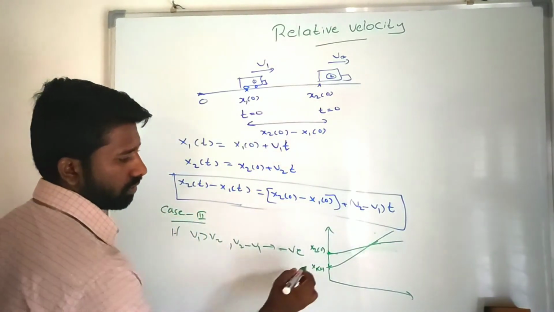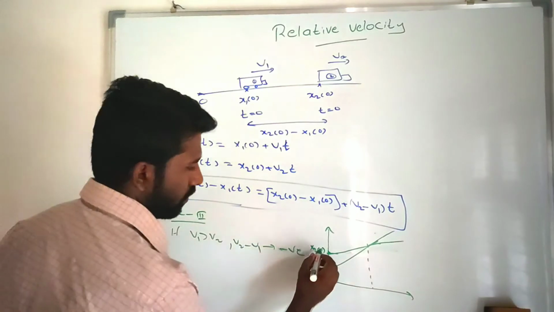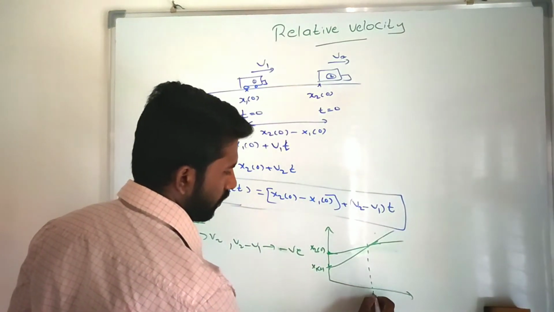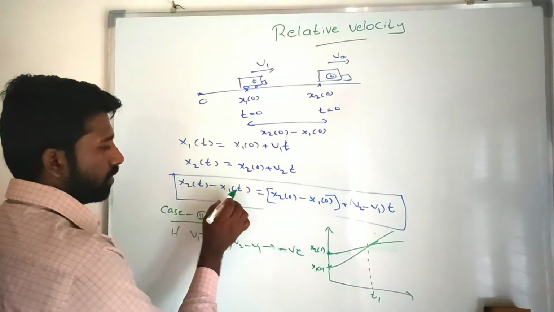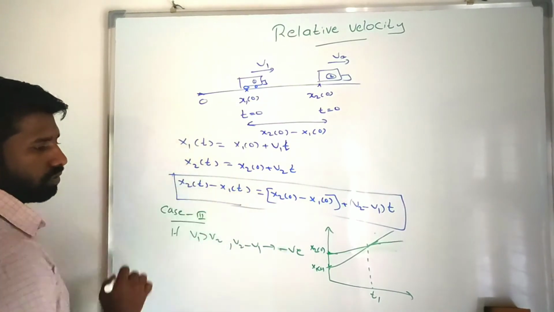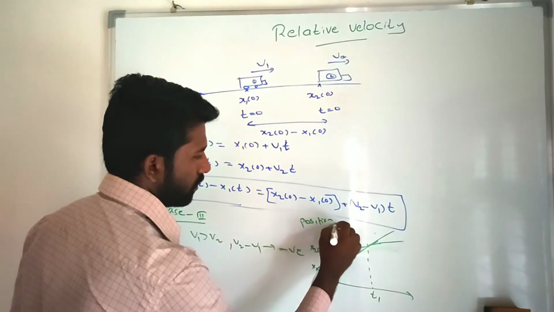Now you see that at this point these two bodies are meeting. This is the time t. At t1 time, the distance between the two bodies becomes 0. That means this is the position and this is the time.